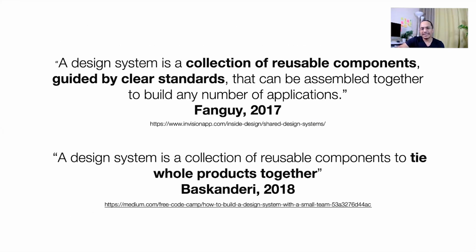So our design system is a collection of reusable components guided by clear standards that can be assembled together to build any number of applications. Perfect. So this is very easy to understand. There are a lot of different components placed in the design system, and as a designer and developer, we can just pick up these particular components and use them to create different applications, and that too very quickly.